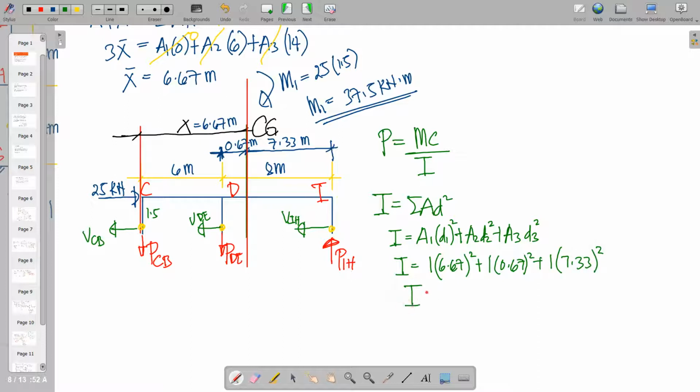So I here will be equal to 98.67 meters raised to 4.